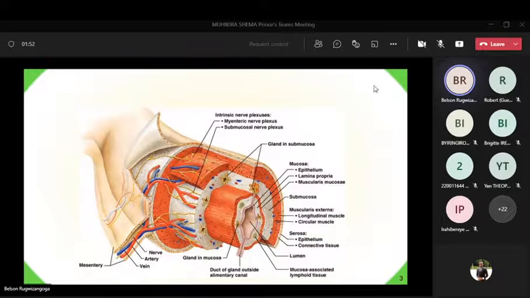So this is a general presentation of the gastrointestinal tract. You know that these organs are hollow, or they have a lumen.